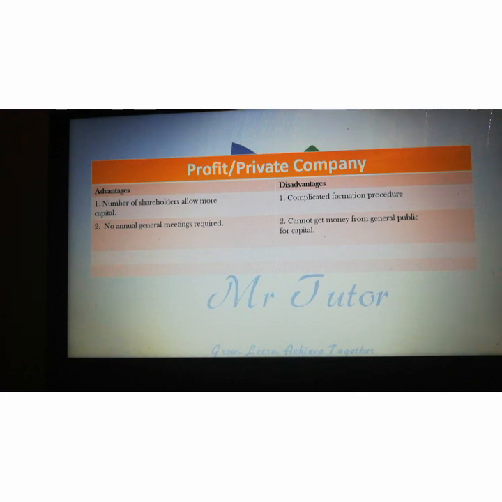The second disadvantage is that you cannot get money from the general public for capital. What this simply means is that since you are running a private or profit company, yes, your intention is to make money, but in some cases such companies cannot receive money from the general public for capital.